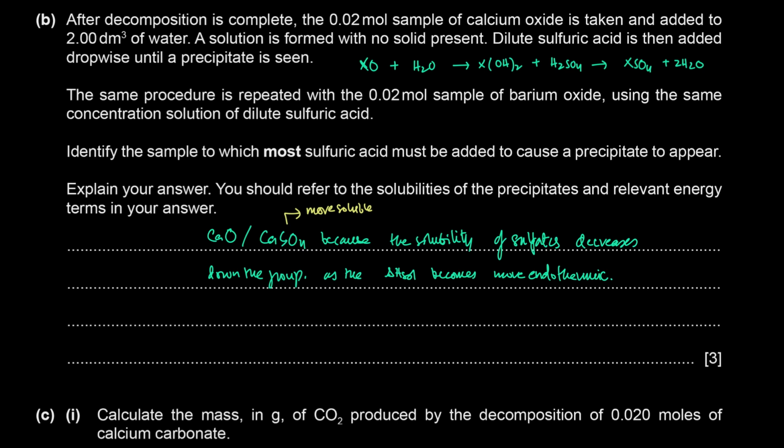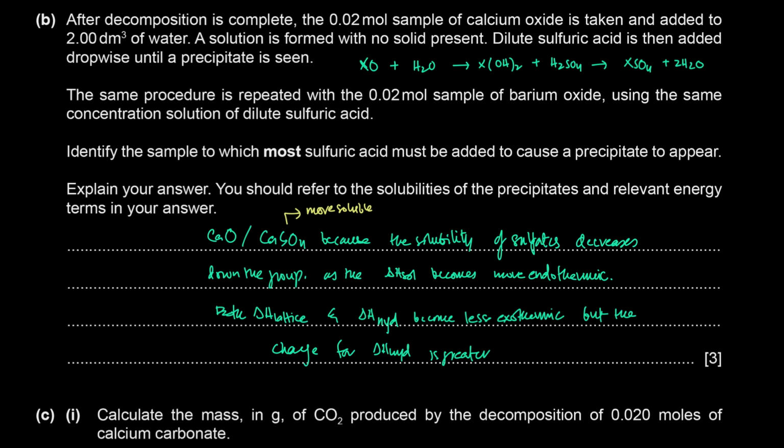The reason this happens is that as you go down the group, both the lattice enthalpy and the hydration enthalpy become less exothermic, but the change in the enthalpy of hydration is greater.